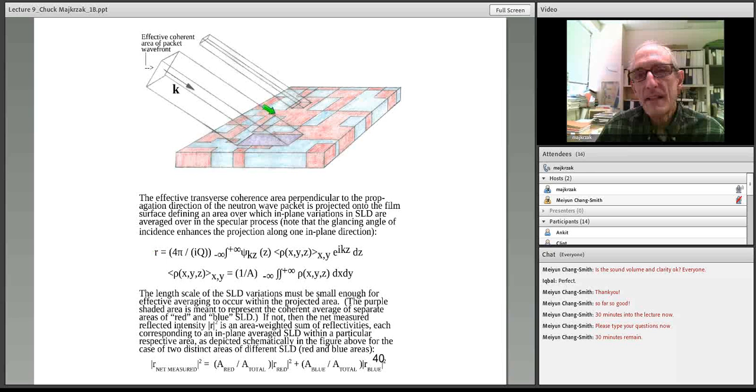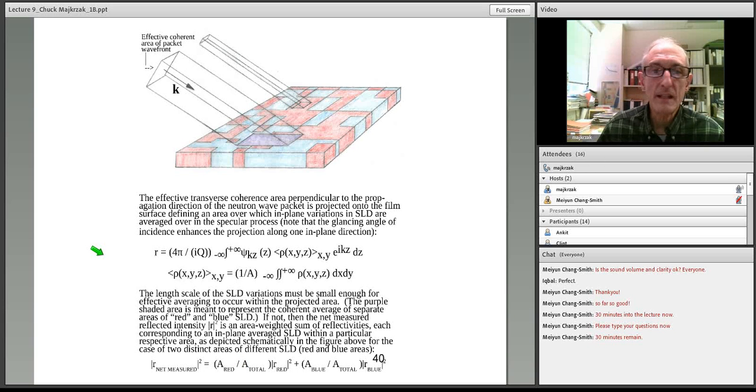Now, if the transverse coherence or wavefront dimension as projected onto the surface only sees the red or the blue independently, one neutron at a time, then we get an incoherent sum that's weighted by the relative areas of the different densities on that surface. And we have to treat the analysis of that reflectivity appropriately if we're in the coherent case, or differently if we're in the incoherent limit.